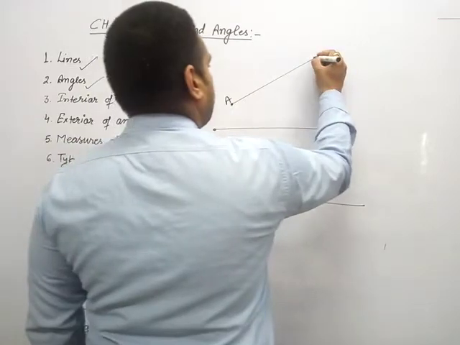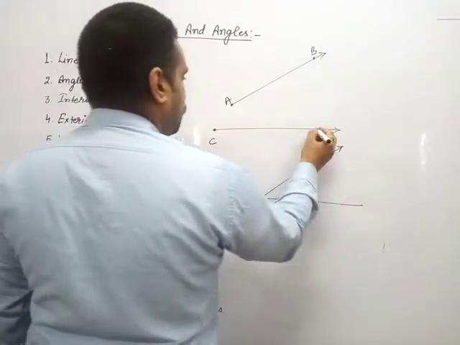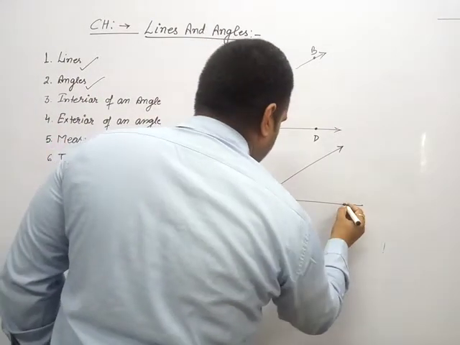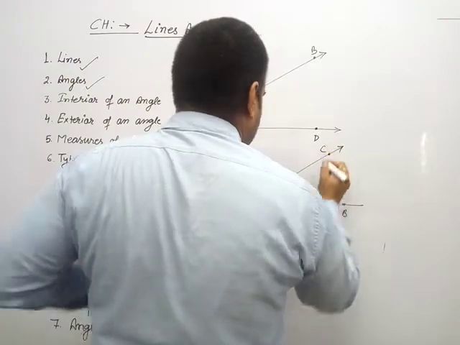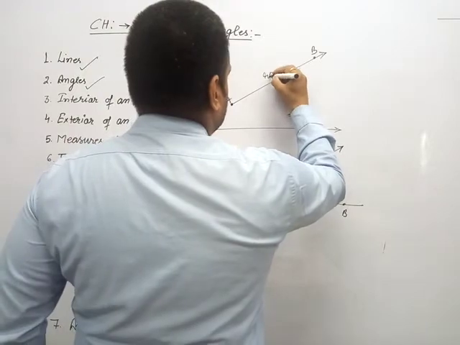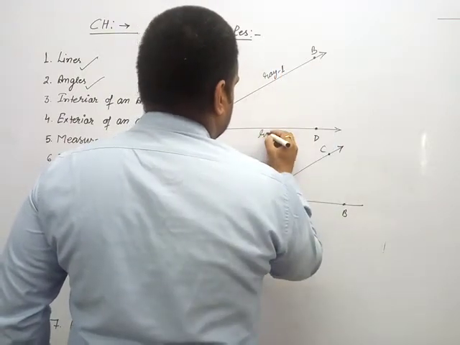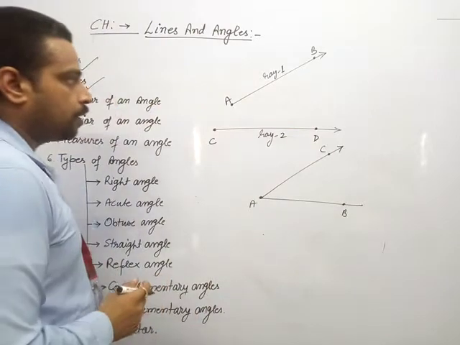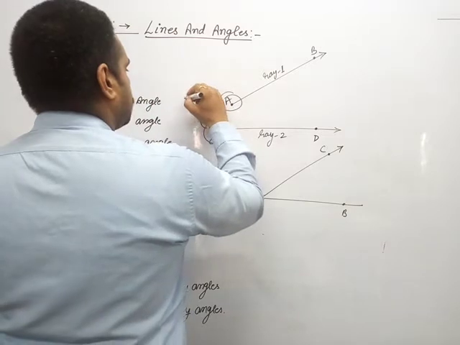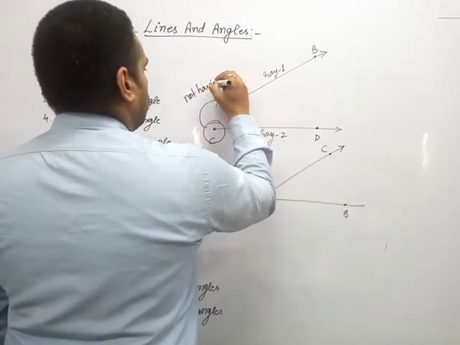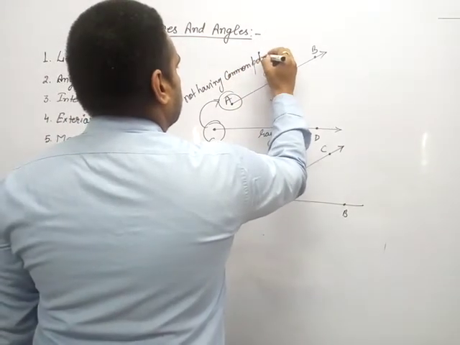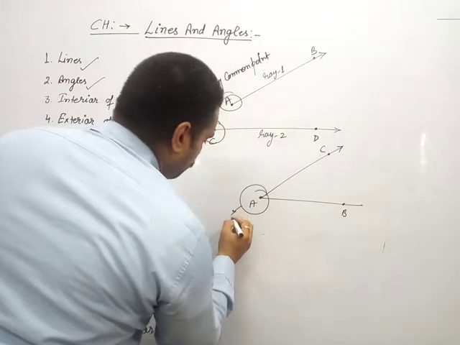This is A, B, C, D. Here we have two rays, this is ray 1 and this is ray 2. But both the rays do not have any common point. Here A is a common point.